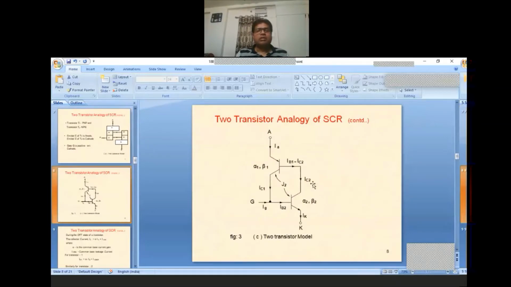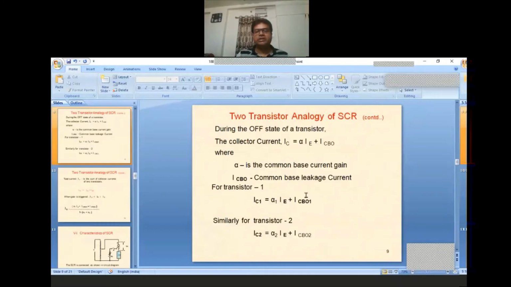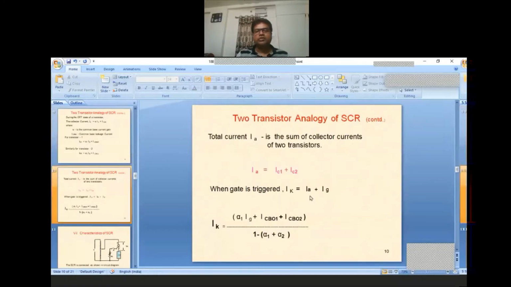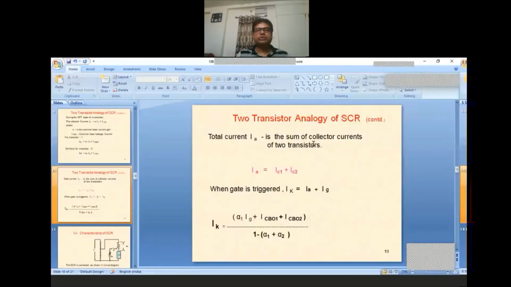And we have already discussed how the collector currents add to the base currents and cumulative action takes place with the gain of each transistor, and eventually a high conduction current flows through the SCR.